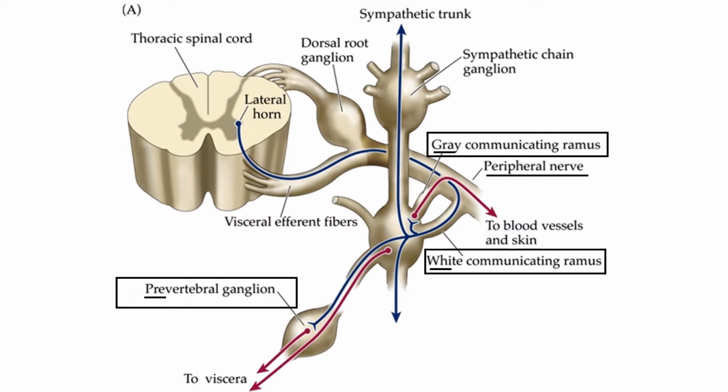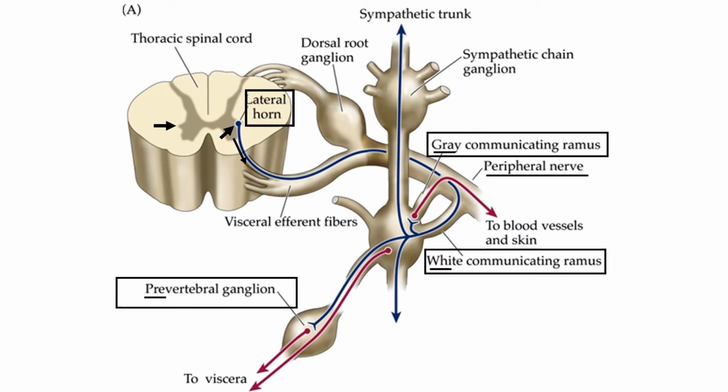Again, the same plan of the peripheral part of the nervous system, but of a different scenario, different events. This is the lateral horn, the cell body of the neuron which is going to send its axon as white ramus.